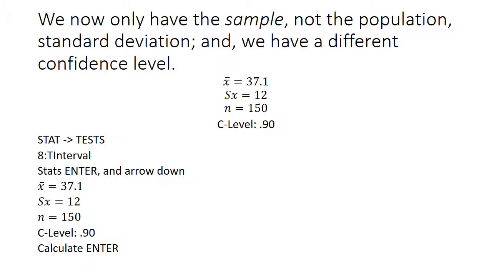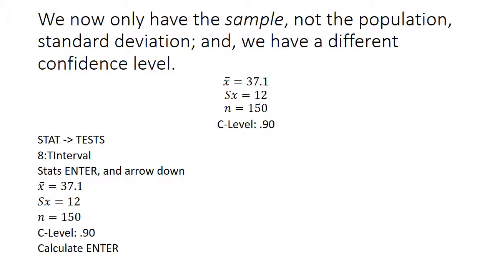And again, a couple slides down, you'll have a full video length showing you hitting all the buttons on the calculator, but quick and dirty, stat button, arrow over to tests. We want a T interval. We are finding a confidence interval for a population mean with a T distribution because we only have a sample standard deviation, not a population standard deviation.